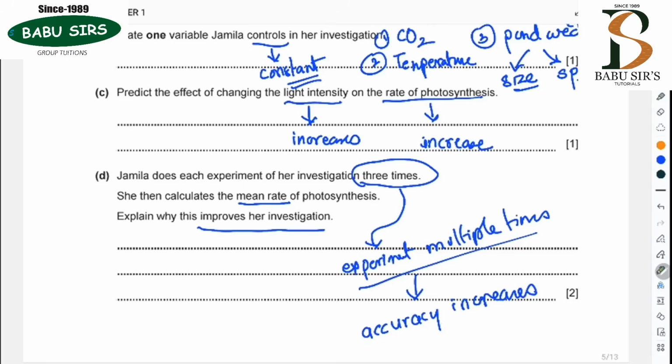You get more reliable results. So you can write results are more reliable. So this answer you can write.